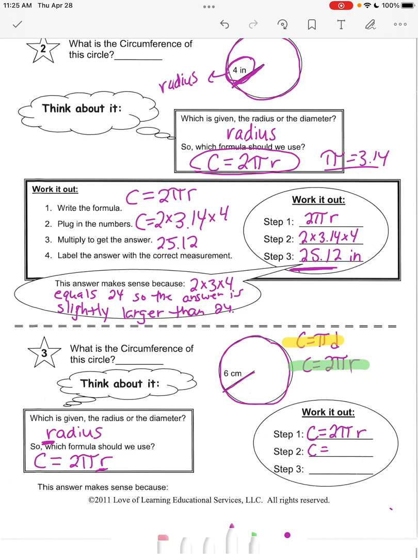Step 2, substitute in your numbers. 2 times 3.14 is what we're using for pi, and your radius is 6. So we could go ahead and multiply 2 times 3.14 times 6.